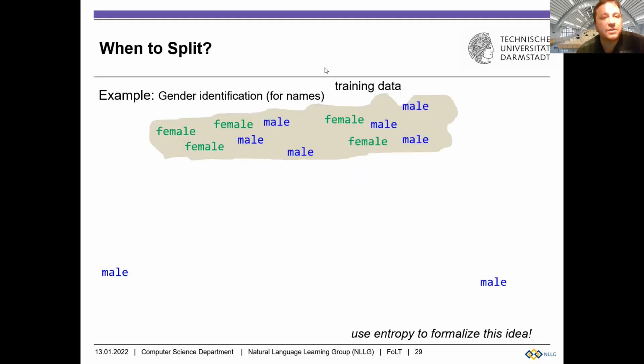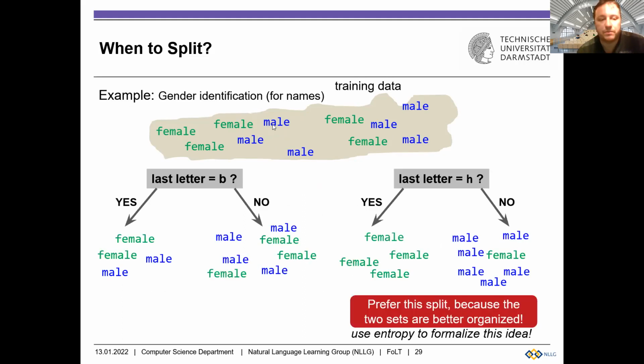So again, consider our example of gender identification, where we have names and we have our training data, which consists of the labels male, female, and associated with that, of course, is a particular string value. So for example, Marta would be female, Carl would be male.